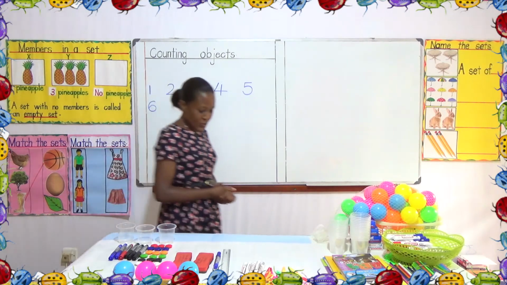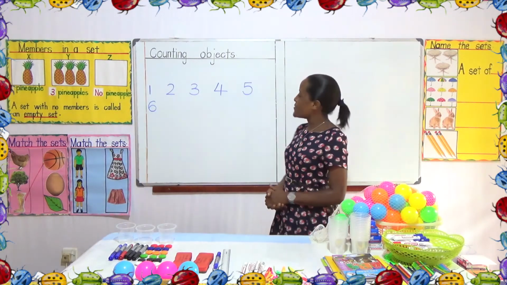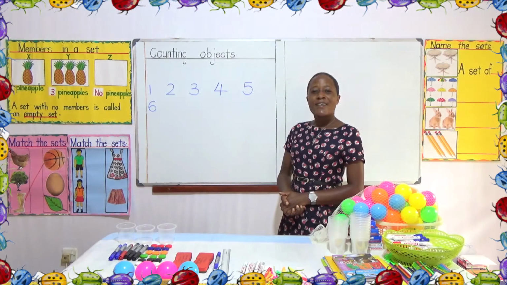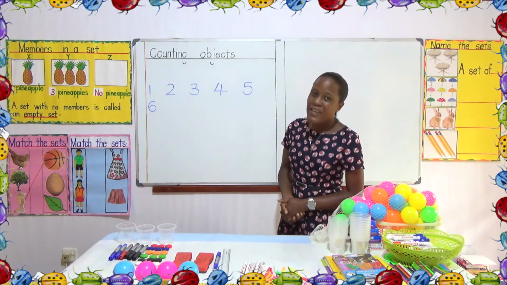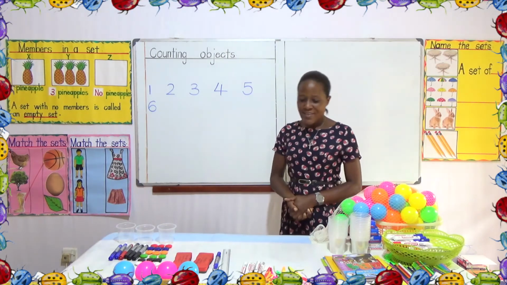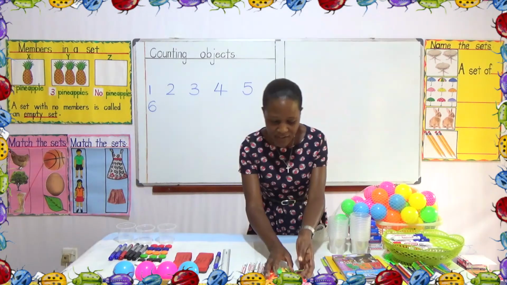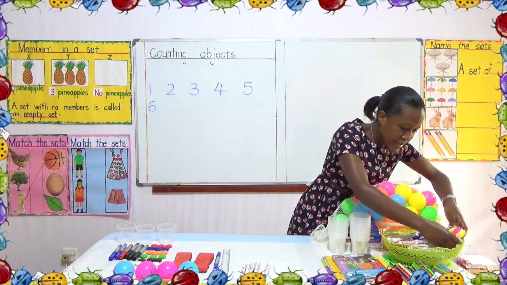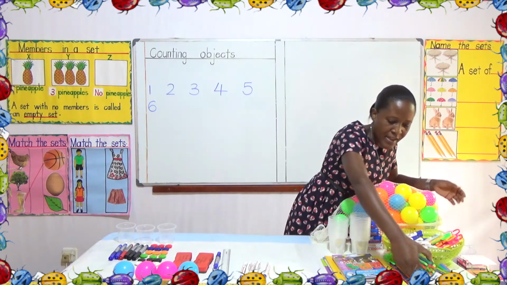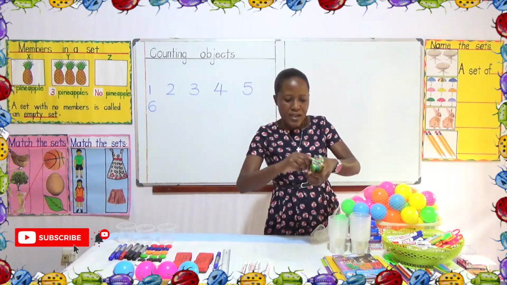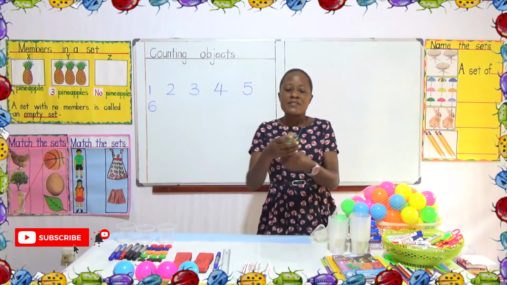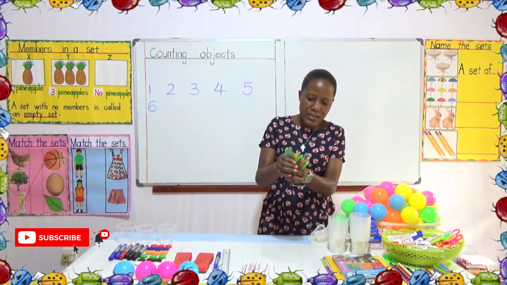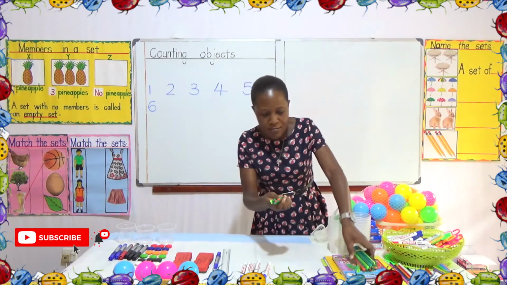We continue. What is the next number after 6? It is 7. Let's count more objects. I think this time let's use our counting sticks. I will count 7 of them.